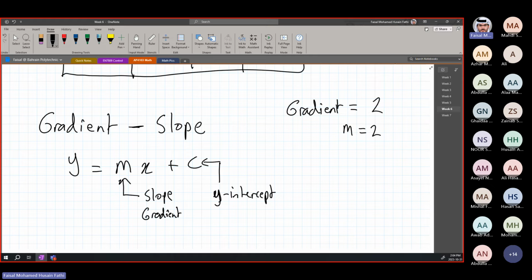The line passes through a point, the point is (5, 14), where this is the x and this is the y of the point. Find the equation of the straight line.